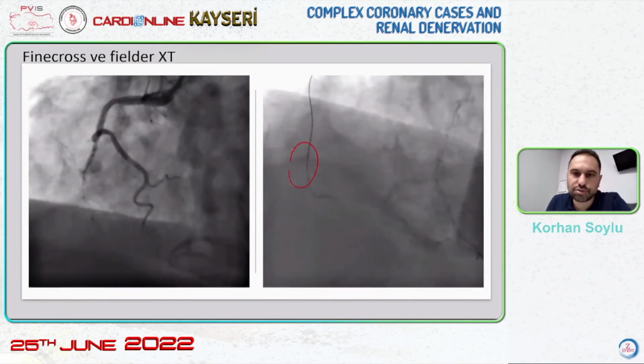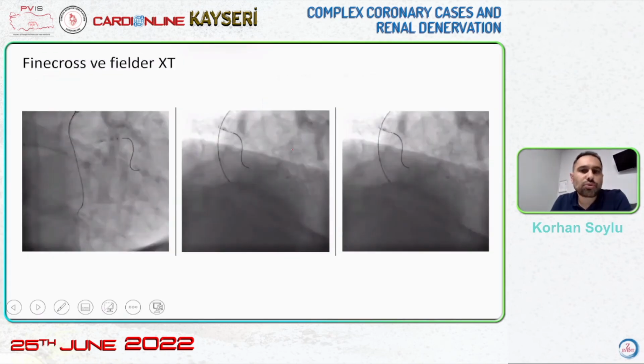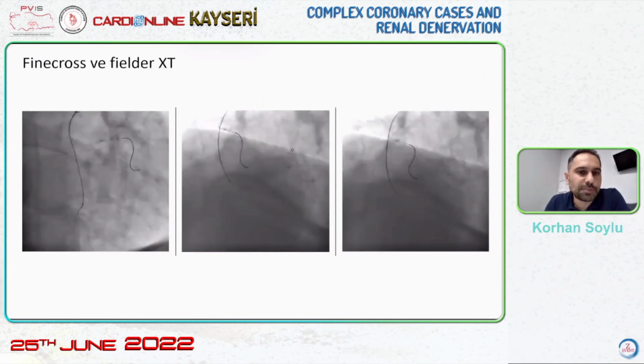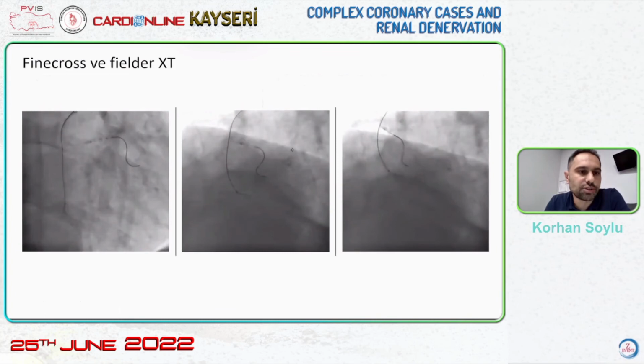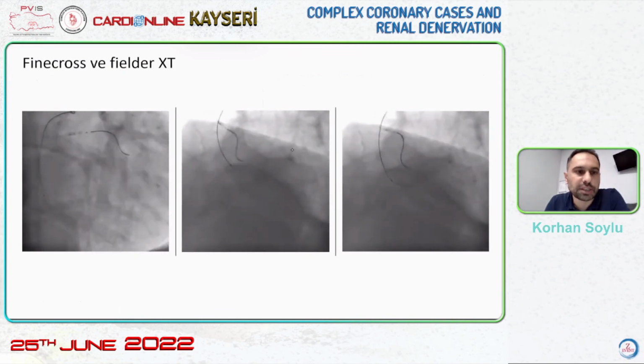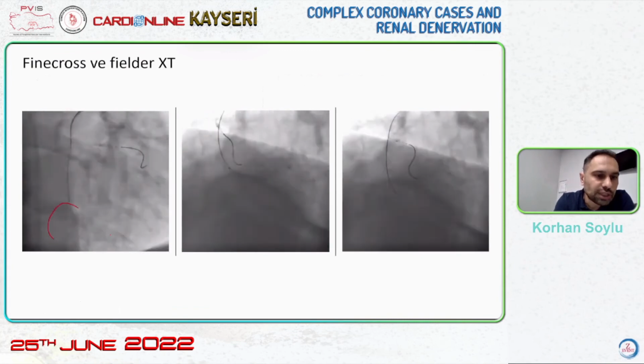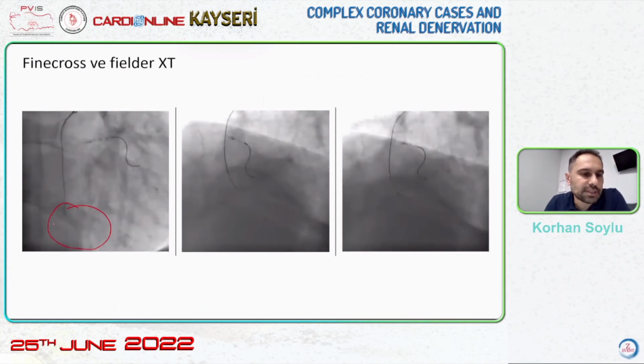And then a Fine Cross microcatheter is seen here. And after this point, we did our anchoring. Without an anchor, it is not possible to proceed forward. For this case, we actually needed to do the anchor earlier. The stent is here.